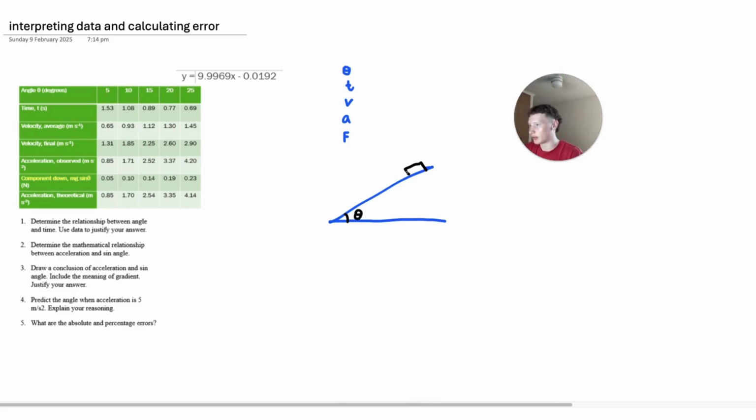And as the block slides down the plane, there's a time that it takes to slide down the plane. There's an acceleration, and there's obviously a velocity, and a force. And so we can find all these.